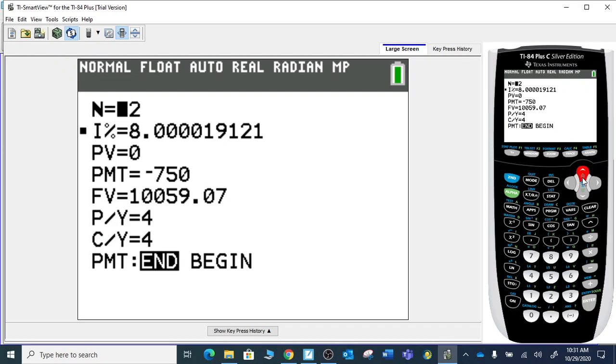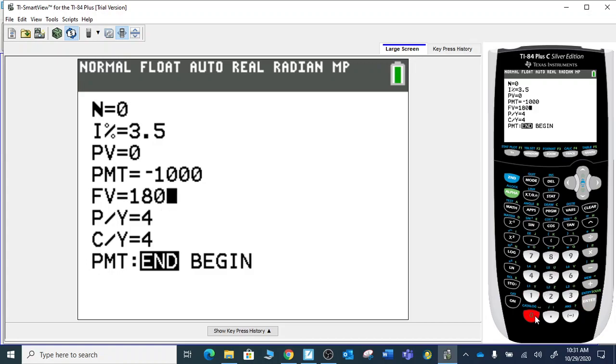All right, let's go back to the top. We didn't know N, so that's where I'm leaving my 0. The interest rate for this account was 3.5%. Payments or present value starting at 0. Negative $1,000 is our payment. This time the future value we want to end at is $18,000.